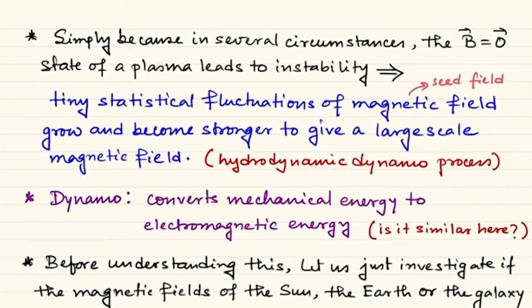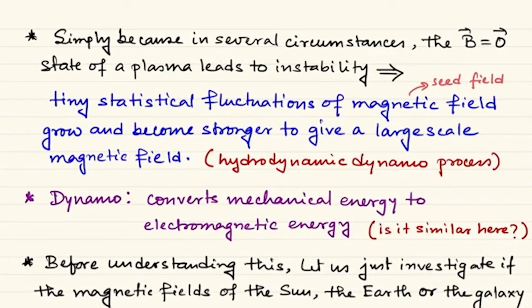But due to that instability, even if you model the plasma with B equal to 0, it will never retain its stability with B equal to 0. So it will tend to a condition where the very small statistical fluctuations of magnetic field which were neglected in general now lead to a stronger, considerable magnetic field of large scale. And this is known as the hydrodynamic dynamo process.